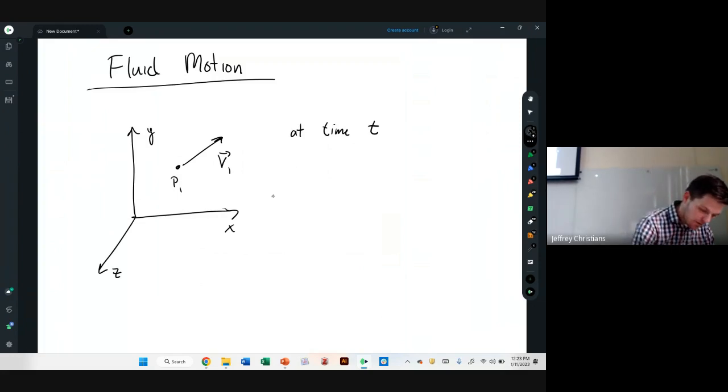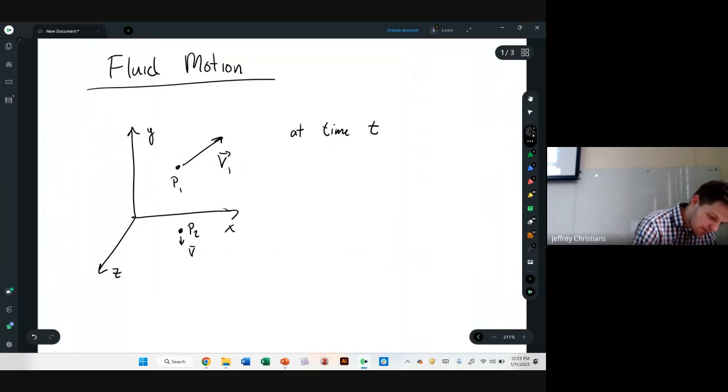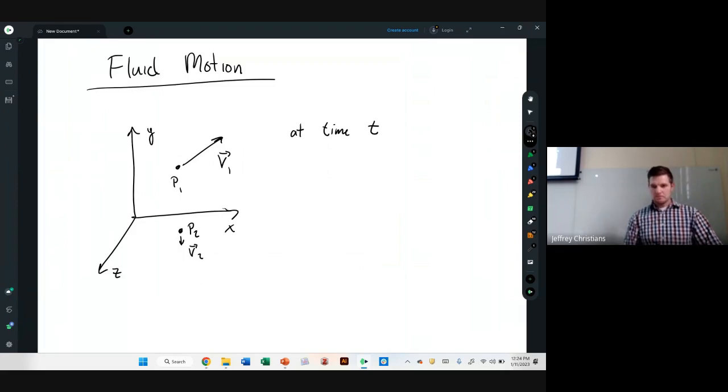And we'll say P2 is right here, some other particle, and let's make it move really slow. So it's moving slowly down. So particle 1, that little bit of fluid, has that velocity. Particle 2 has a different velocity. It's going a different direction.